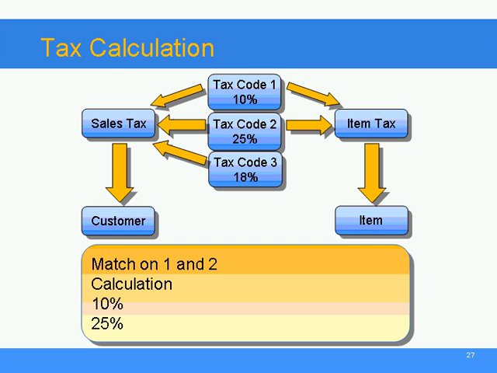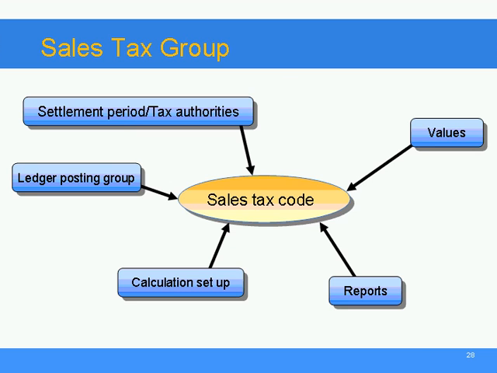Tax calculation. So, if the same tax code is in the sales tax group and item tax group, the system calculates the tax for us.